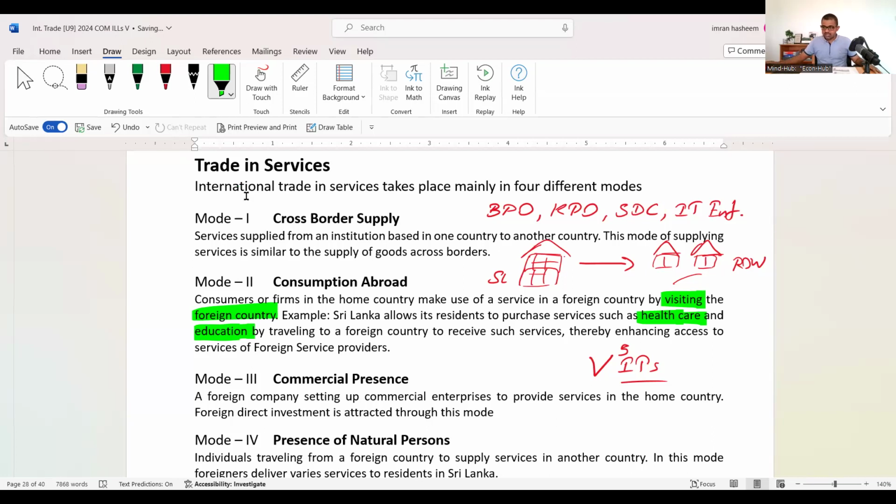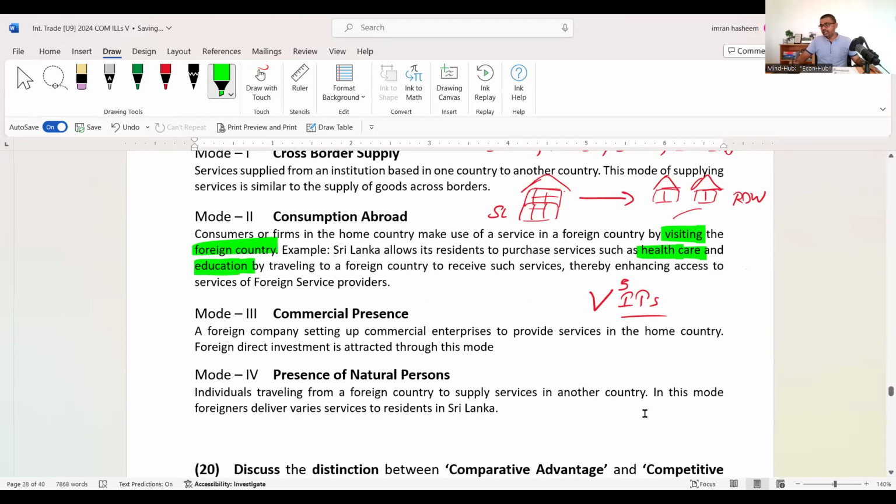Then commercial presence. A foreign company setting up a commercial enterprise provides service in the home country. These are what we call the MNCs, multinational corporations or transnational corporations.